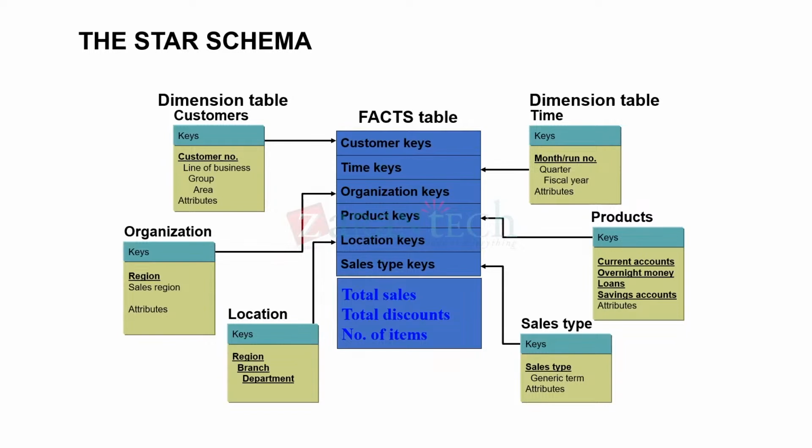Okay. Now the key figures are here, like customer total sales, total discount, number of items. Now these tables, which are characteristics, their key is stored here in the fact table. So this is called fact IDs.